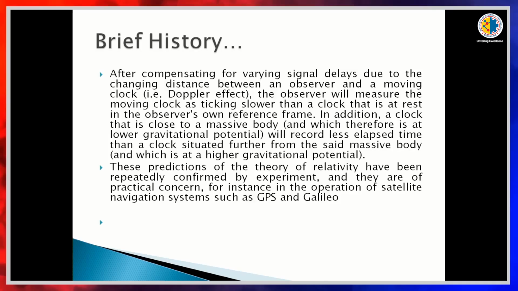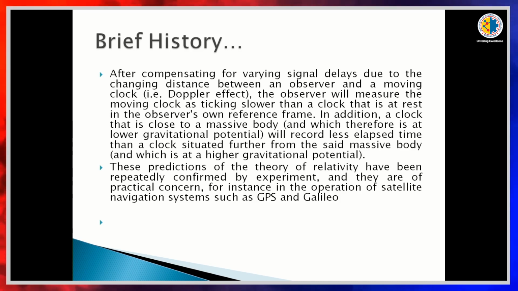After compensating for varying signal delays due to the sensing distance between an observer and a moving clock, that is the Doppler effect, the observer will measure the moving clock as ticking slower than a clock that is at rest in the observer's own reference frame.